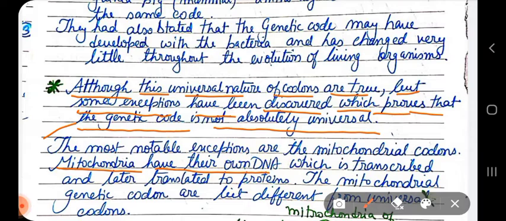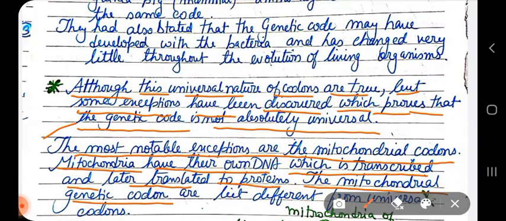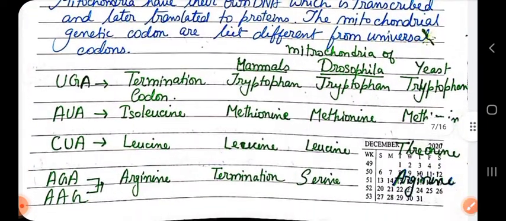So the most notable exceptions are the mitochondrial codons. Mitochondria have their own DNA, which is transcribed and later translated to form protein. Now these mitochondrial genetic codons are a little bit different from the universal codons.